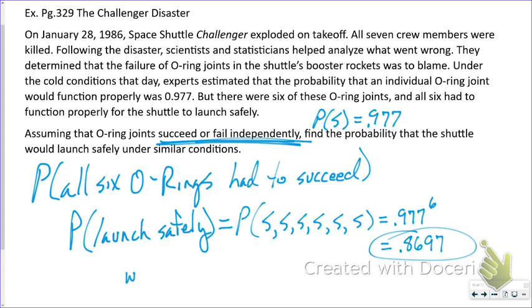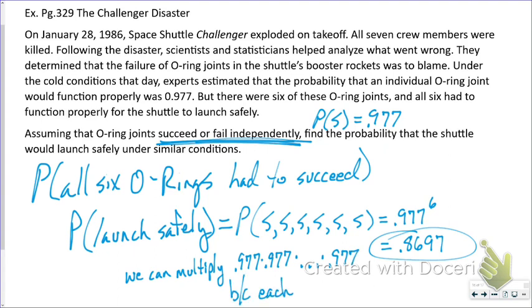We can multiply 0.977 times 0.977, and so on, because each O-ring is independent.